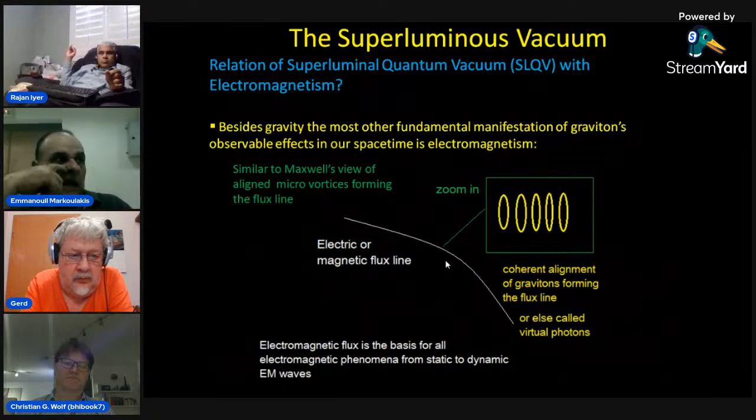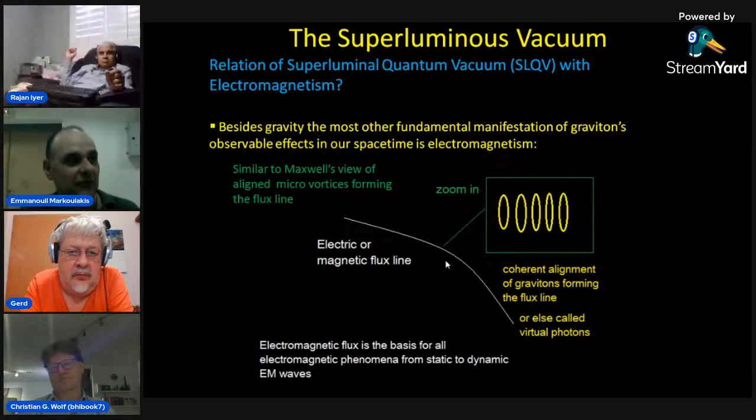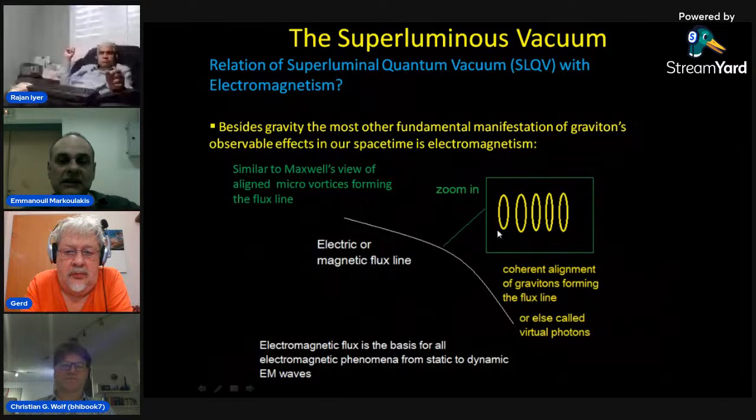Except the graviton, because the graviton is creating the flux itself. So you can say the graviton is the most fundamental particle there is.